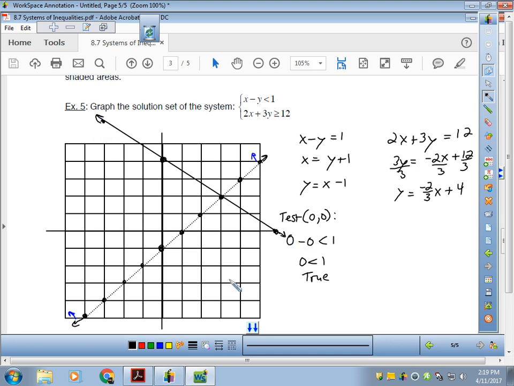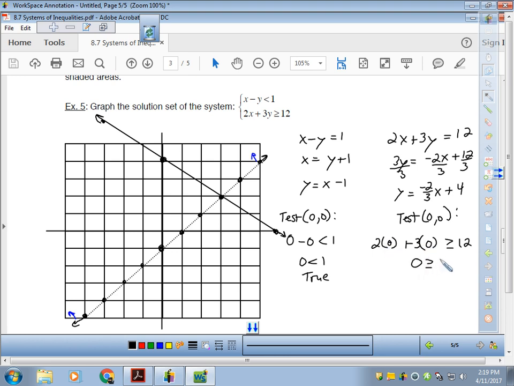And then I need to decide how this is shaded. So I need another test point. I'm going to test 0, 0 again, just to see if it's included. So if I plug that into this one, I get 2 times 0 plus 3 times 0 is greater than or equal to 12. 2 times 0 is 0. 3 times 0 is 0. 0 plus 0 is 0.